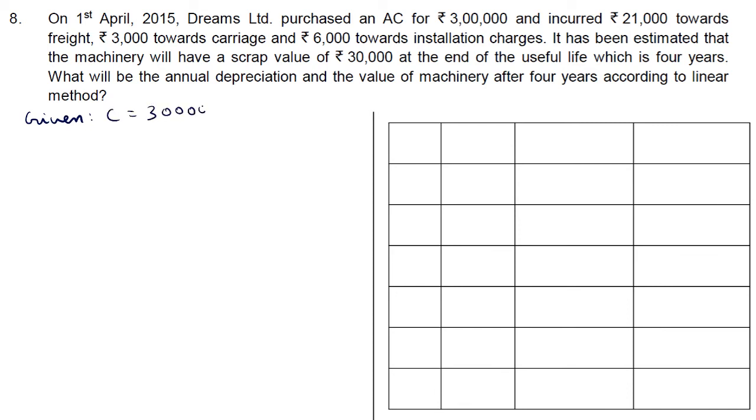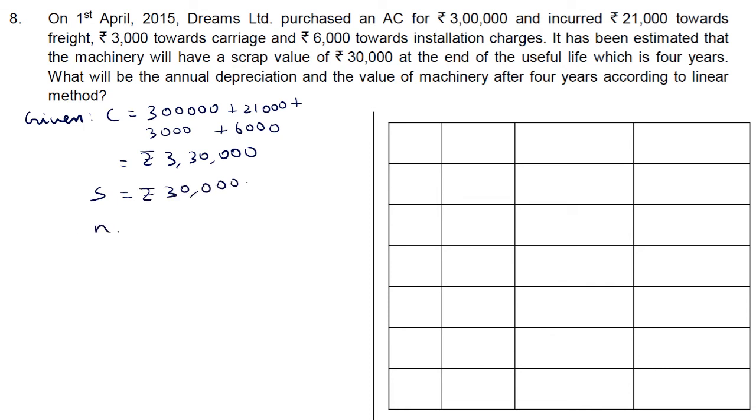So total cost will be 3 lakhs plus 21,000 plus 3,000 plus 6,000. So this is equal to rupees 3,30,000. And then the scrap value is given as 30,000. And it has a useful life of 4 years. So N is 4 years.